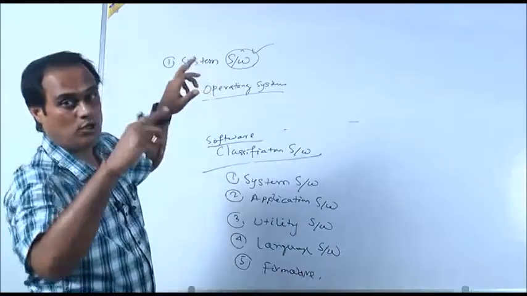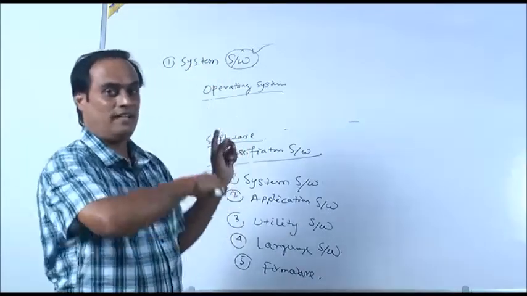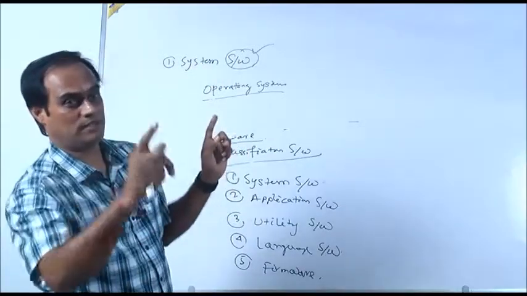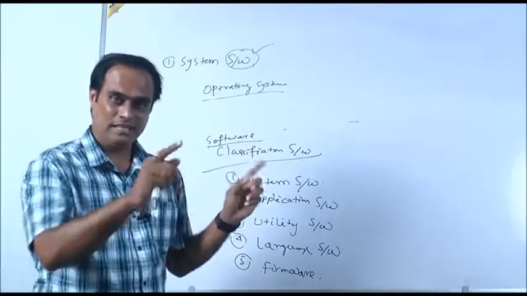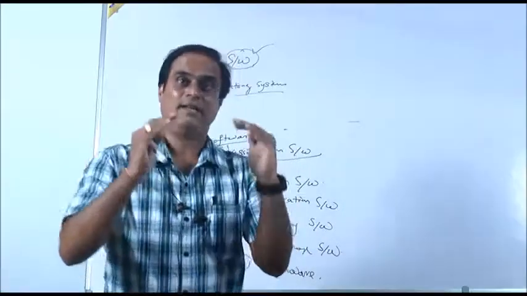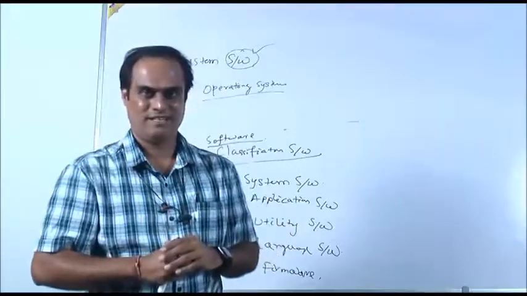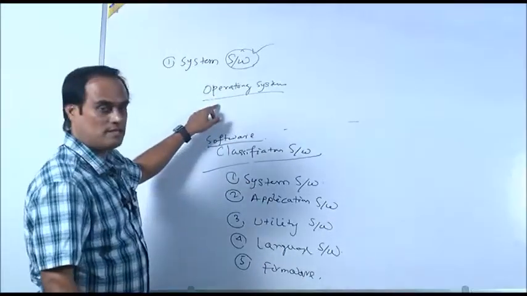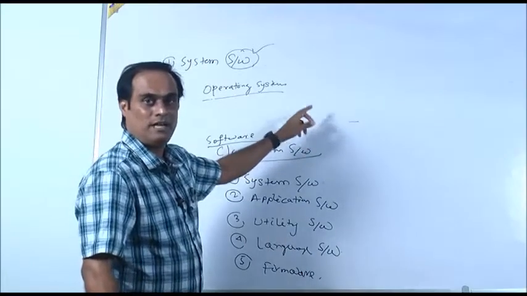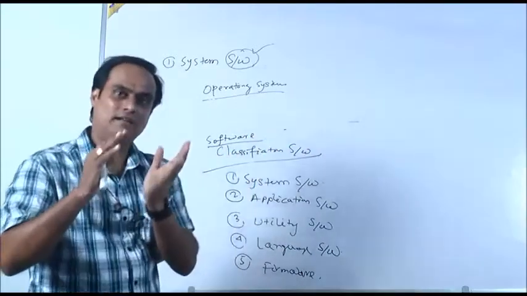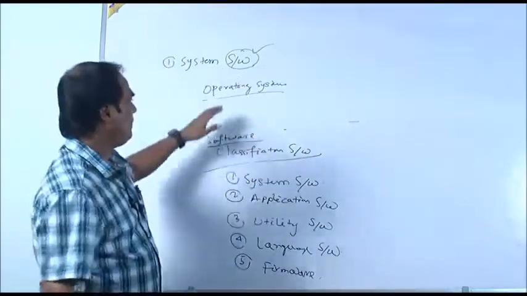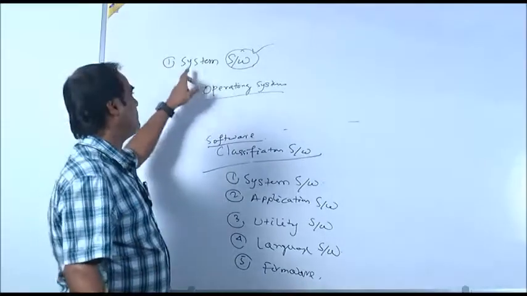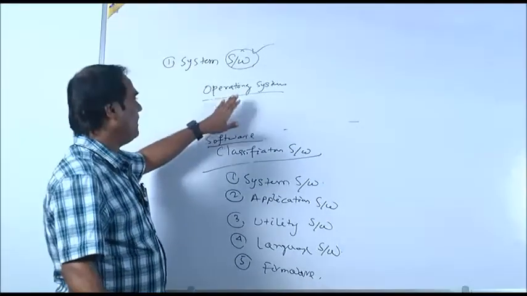Technically, we say to load the operating system in the computing system, and then the system will run in an effective way. After loading the operating system, the computing system will run effectively. That is why the operating system comes under system software.